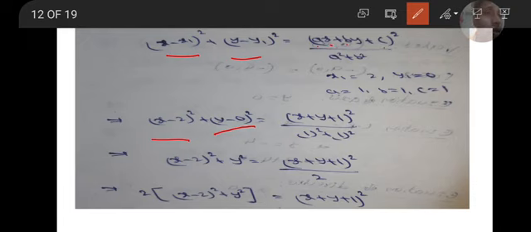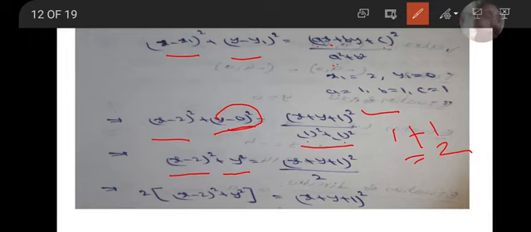So (x plus y plus 1) whole square by a square, a value is 1, whole square, b means 1 whole square. So (x minus 2) whole square, y minus 0 means y square, (x plus y plus 1) whole square by 1 square plus 1 square, 1 square means 1, 1 square means 1, 1 plus 1 is 2, so (x plus y plus 1) whole square by 2.